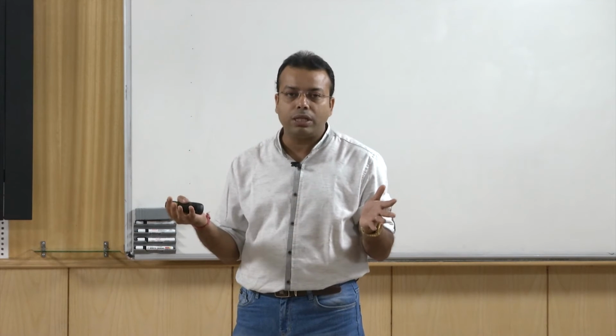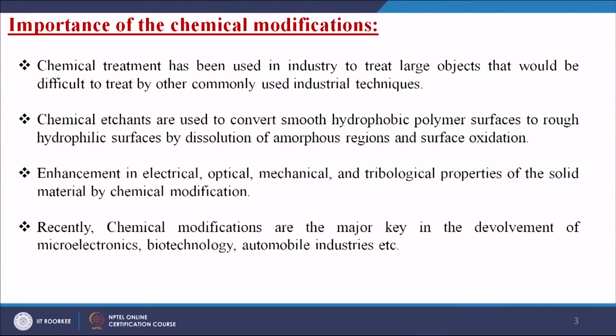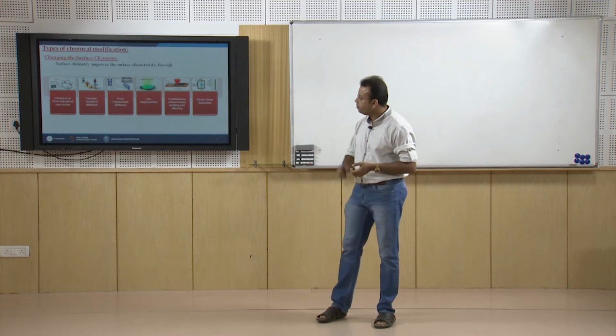So by using etchants we can do it easily. Another importance is the enhancement of electrical, optical, mechanical and tribological properties of solid materials by chemical modification. And the last one is that recently chemical modifications are a major key in the development of microelectronics, biotechnology and automobile industries. So, these are the different areas where we use chemical modifications.